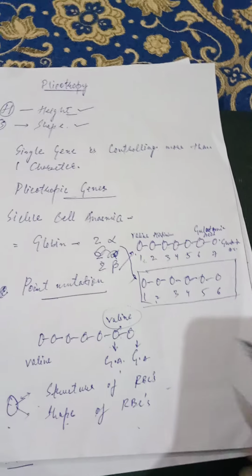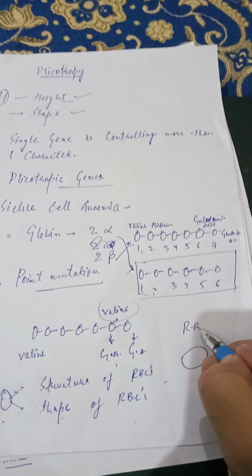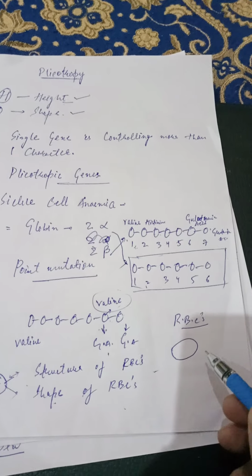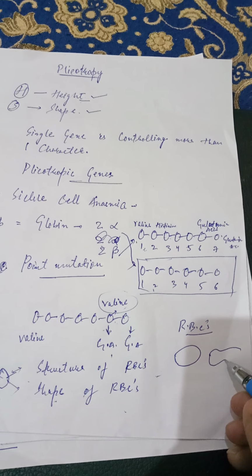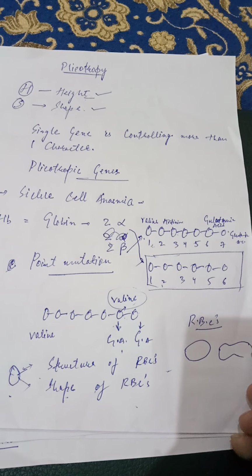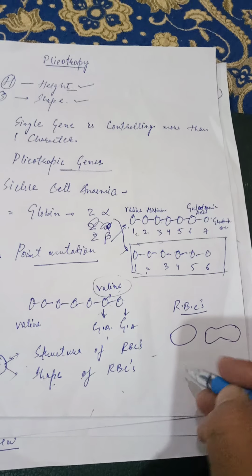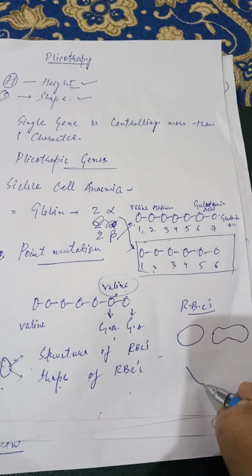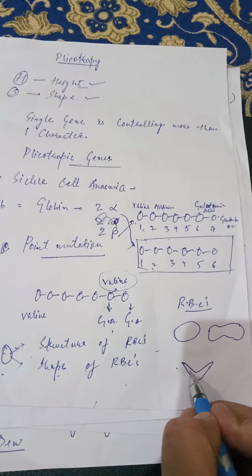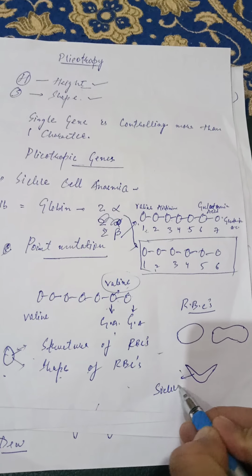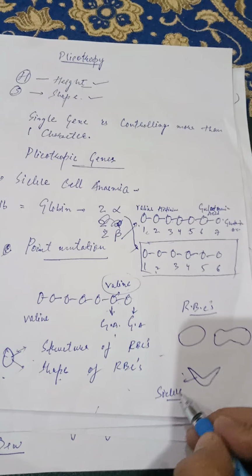Now if we talk about the shape of the RBCs, normally the RBCs are flat, or we can say concave shaped. But when the mutation takes place, the shape of the RBCs becomes sickle-like, hence the name sickle cell anemia.